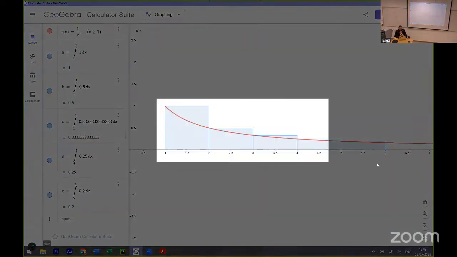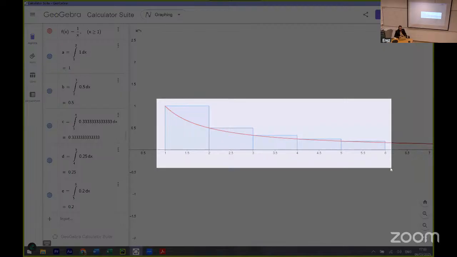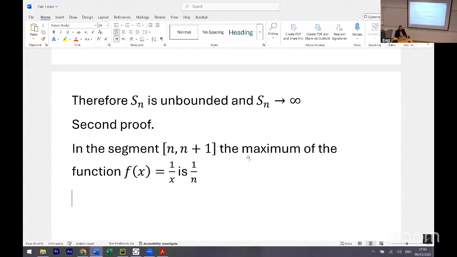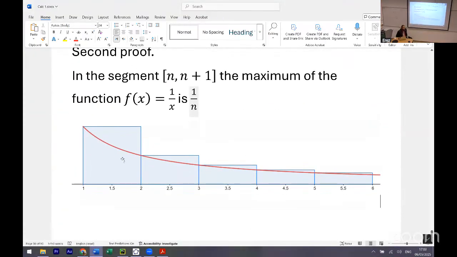So the sum of the areas of the rectangles, what is it bigger than? The curve? The integral of the curve, right? The area under the curve.